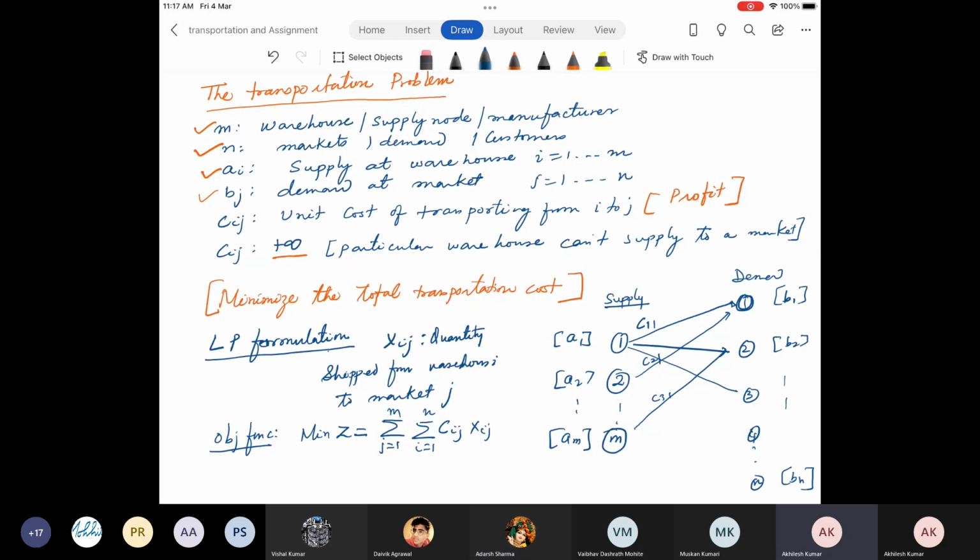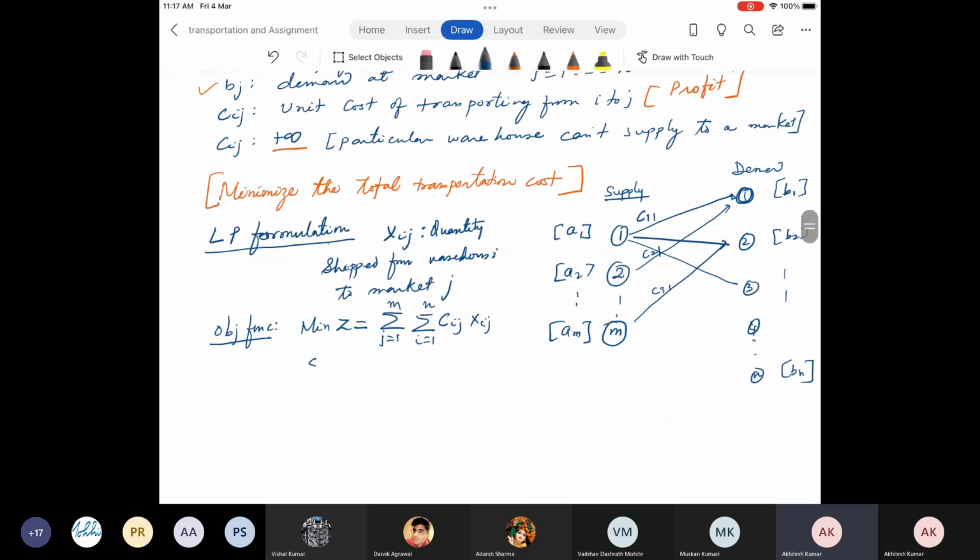Now we have to formulate the constraints. What are the constraints we have? What are the limitations we have? We have ideally two kinds of constraints here. One constraint at the supply side and one constraint at the demand side. If I'm looking at the supply side, what should be my constraint?